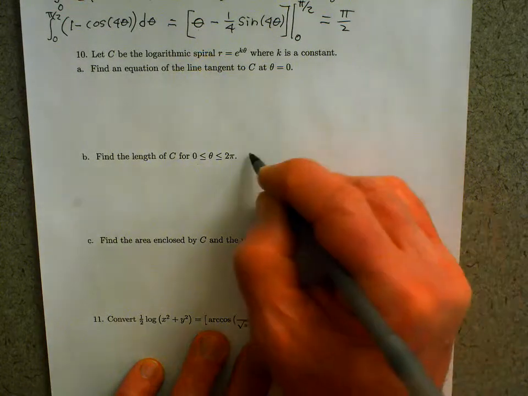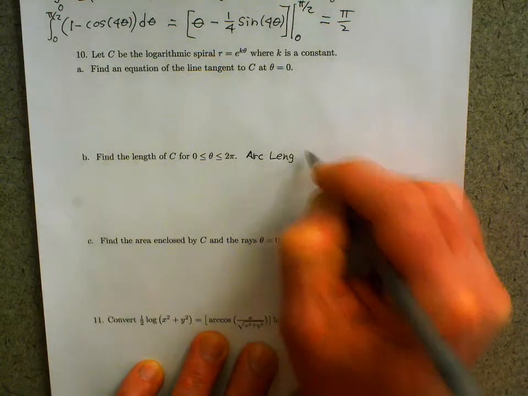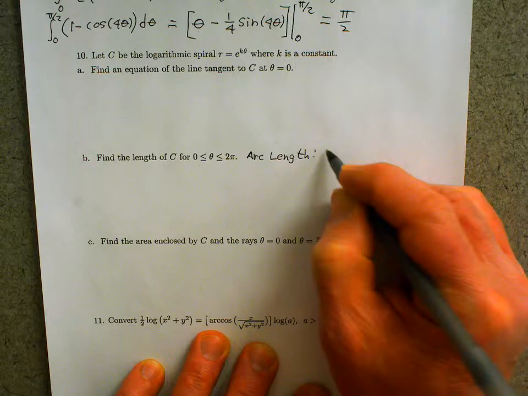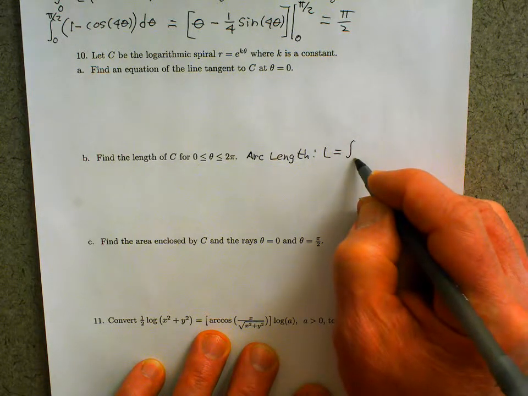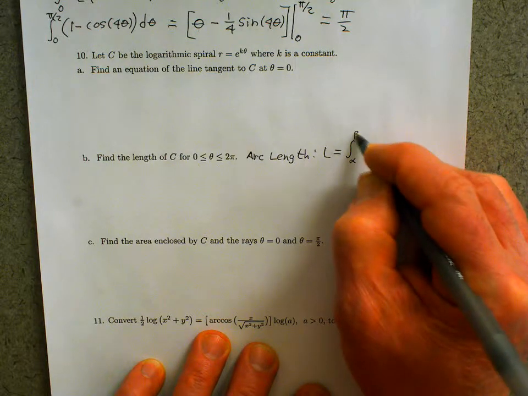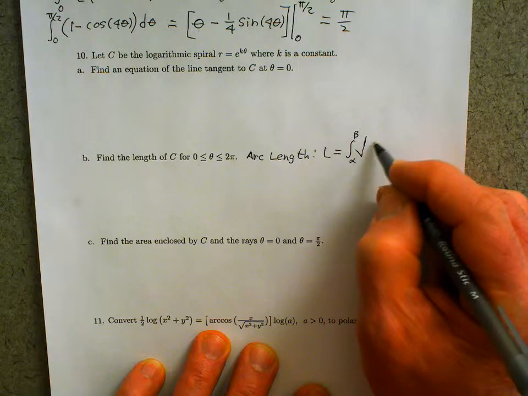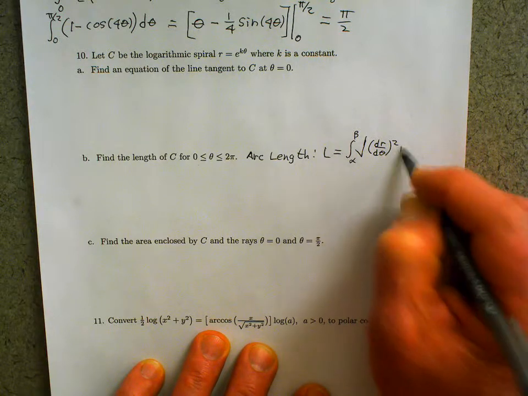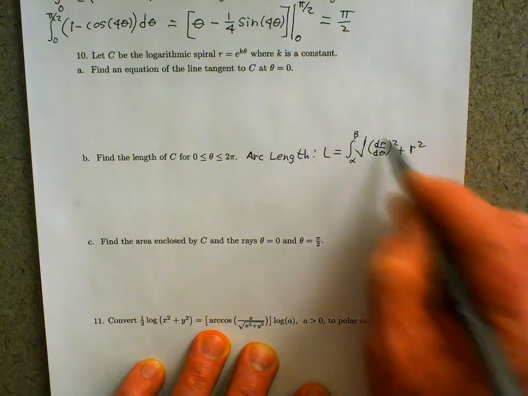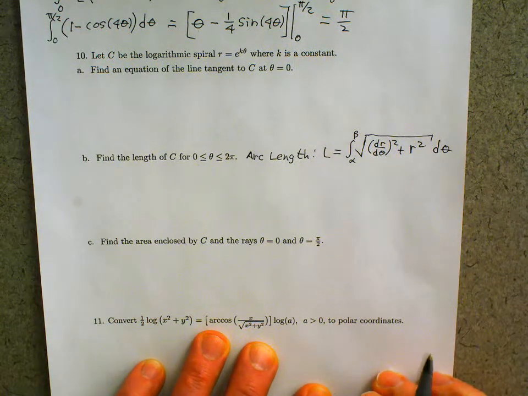Okay, so the arc length formula for polar curves, L equals the definite integral from theta equals alpha to beta of the square root of dr d theta squared plus r squared d theta.